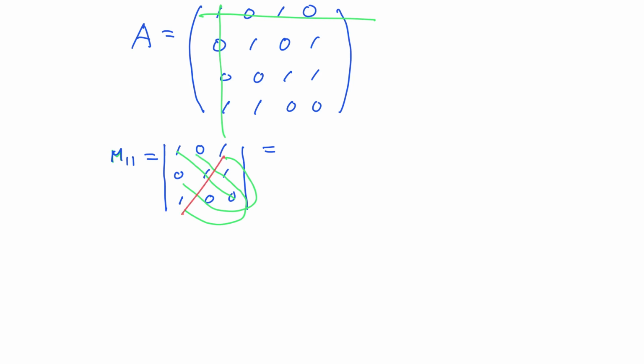This, -1. This, 0. This 0, right? So M11 is -1. So C11 is -1 to the 1 plus 1, M11 is -1, right?